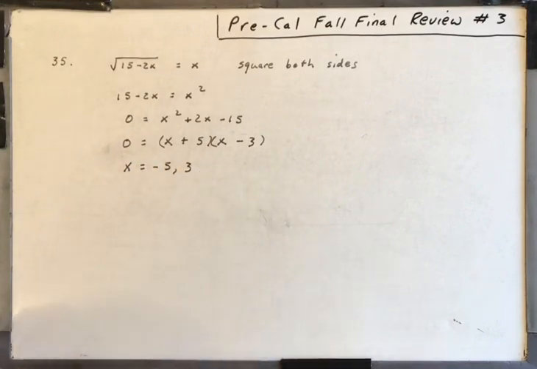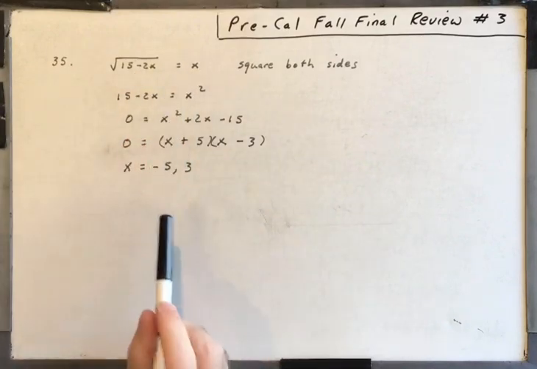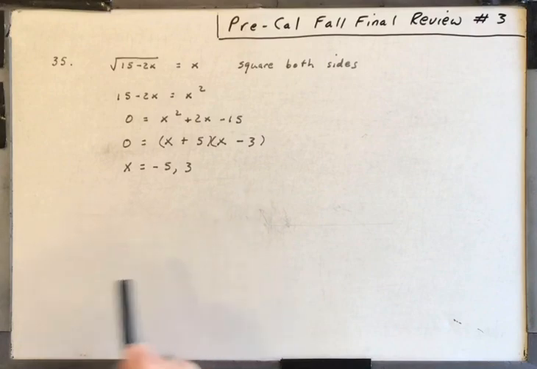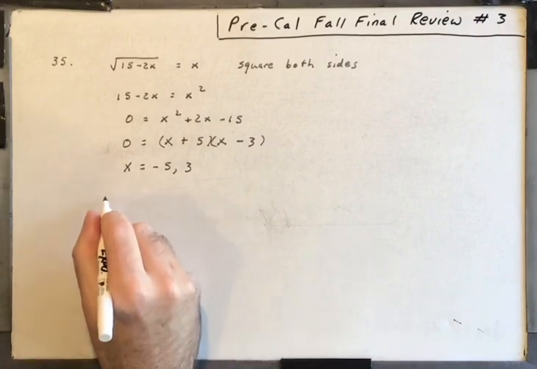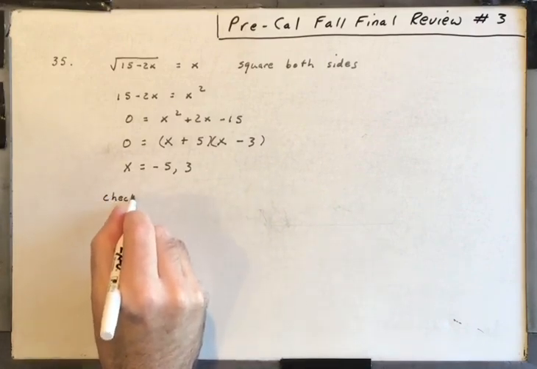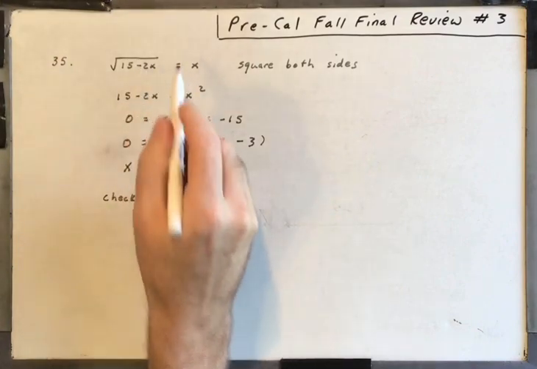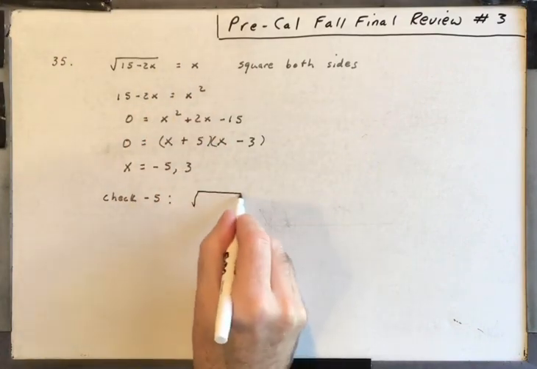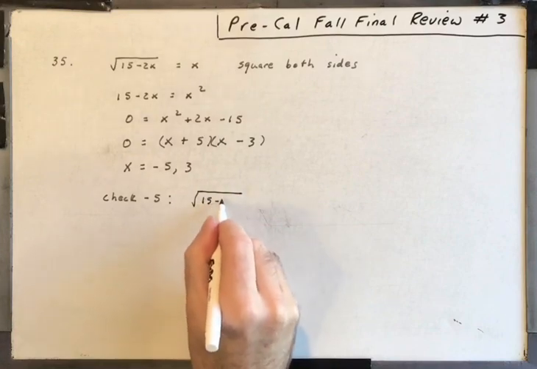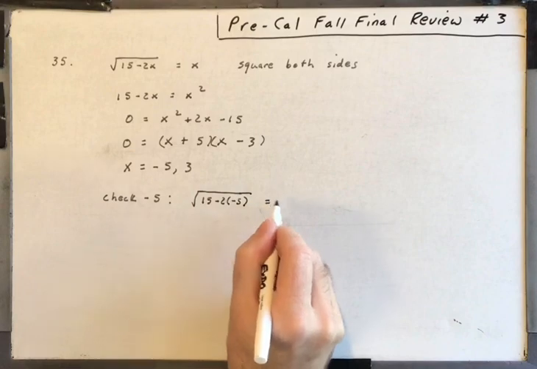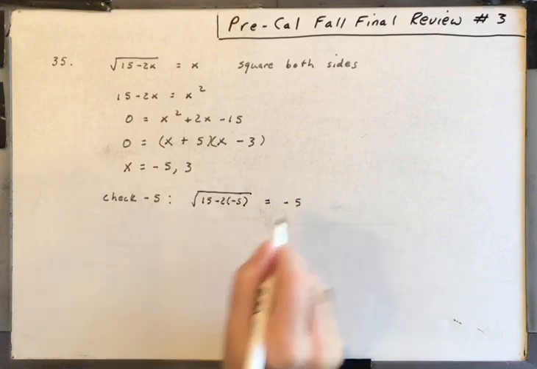The thing is, though, when you square both sides, you can introduce what we call an extraneous solution. So we have to check. Let's check negative 5. You check by plugging back into the original equation. So the square root of 15 minus 2 times negative 5, does that equal negative 5?